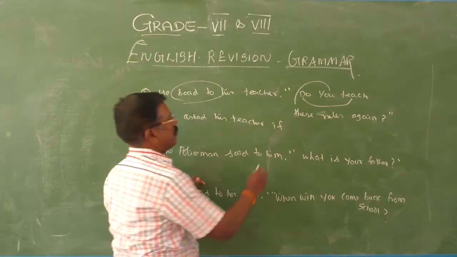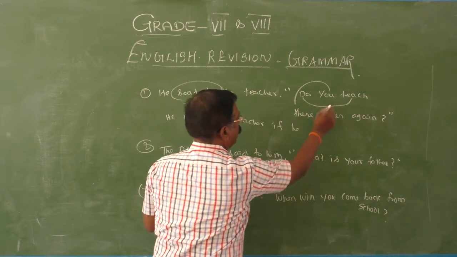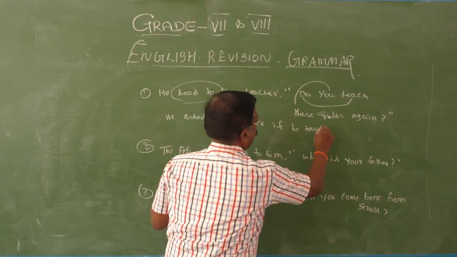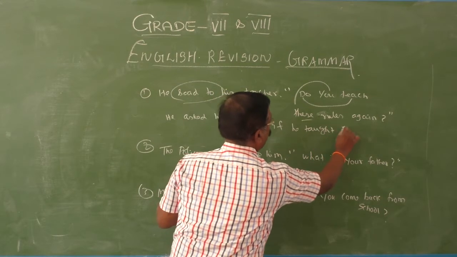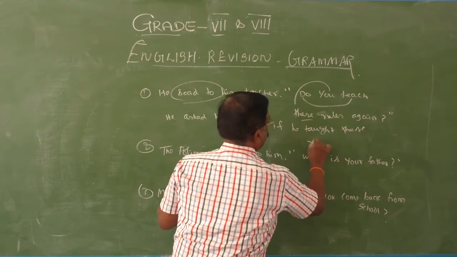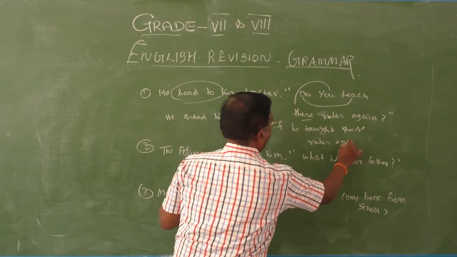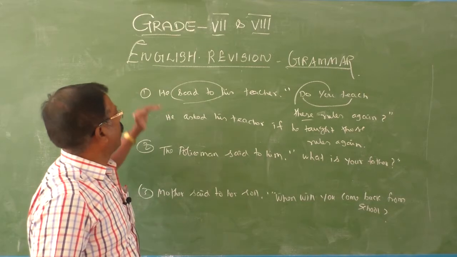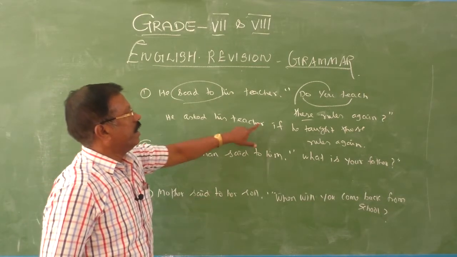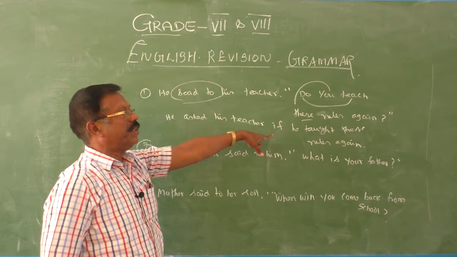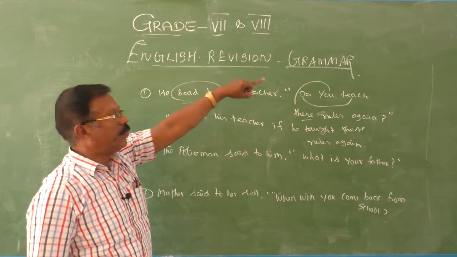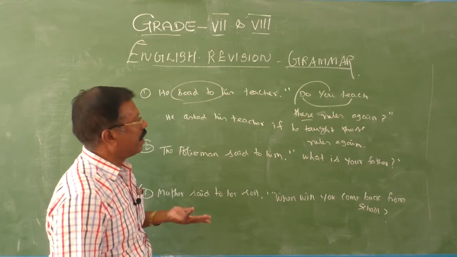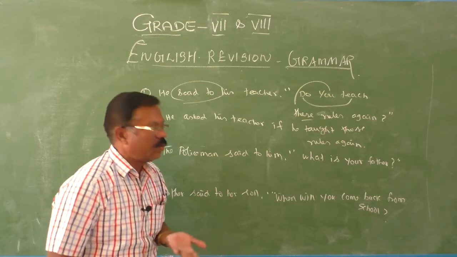So he asked his teacher if he do plus teach. What's the past form? Taught. If he taught those rules again. Okay, so remove the question mark and put the full stop. He asked his teacher if you should be changed into he or she. Do plus teach should join together. Present form. What's the past form? Taught. If he taught those rules again.